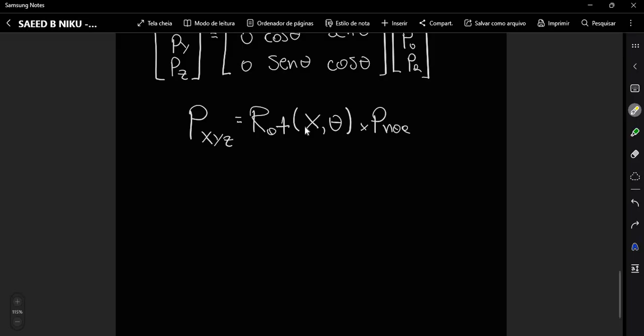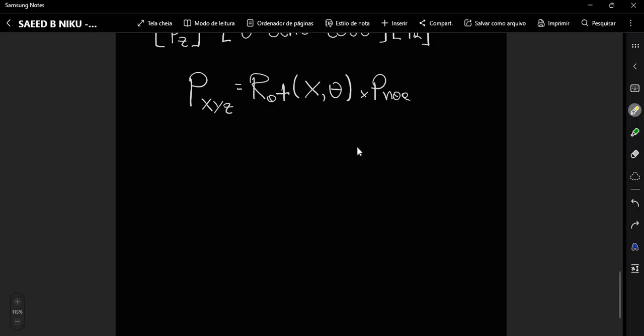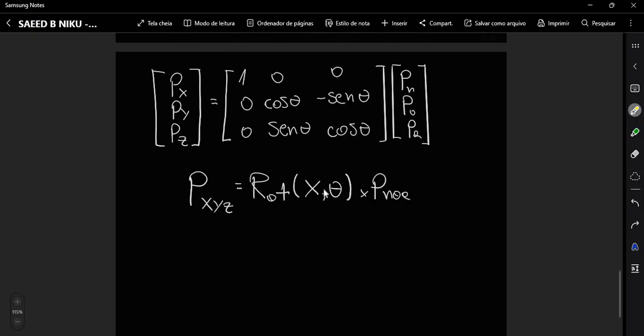And on this video, I'm gonna draw these axis systems, and I'm gonna use the tool that we've got here to try to show how this rotation occurs.